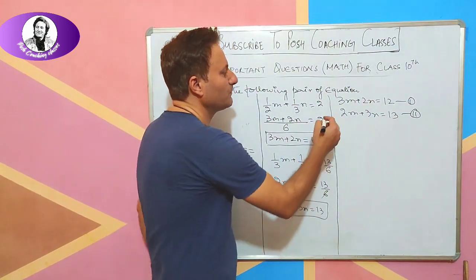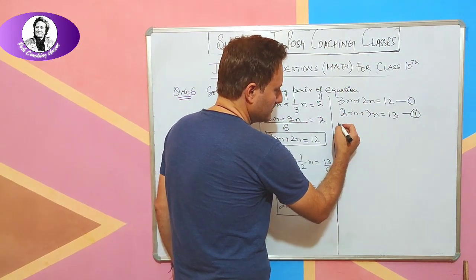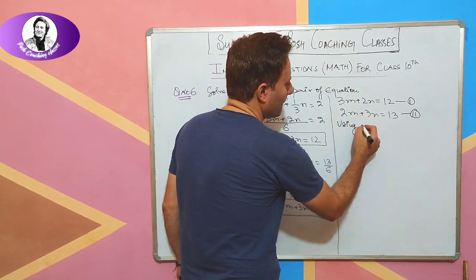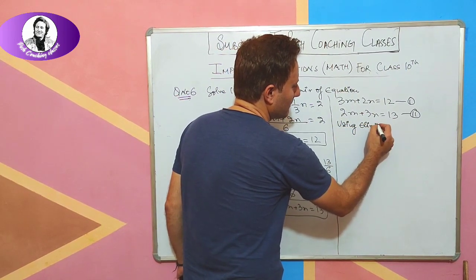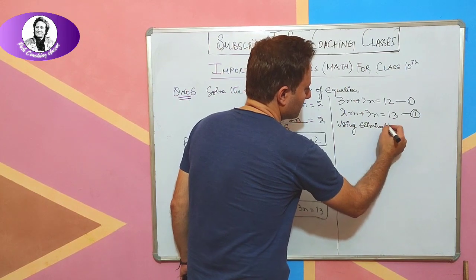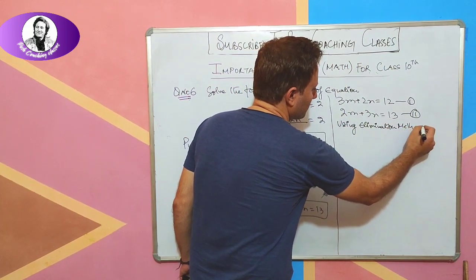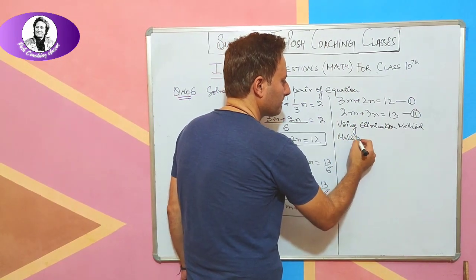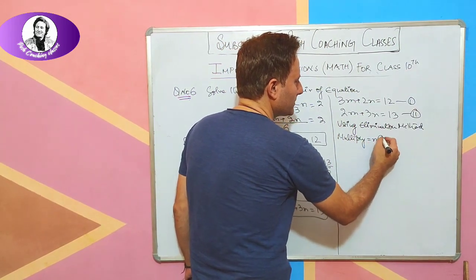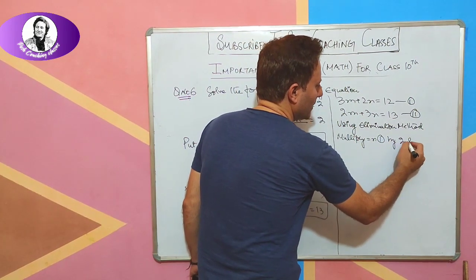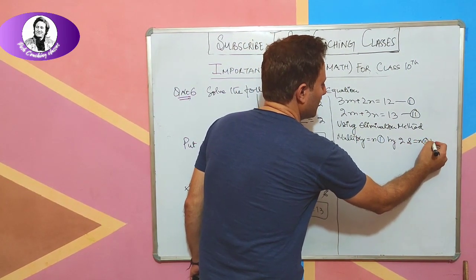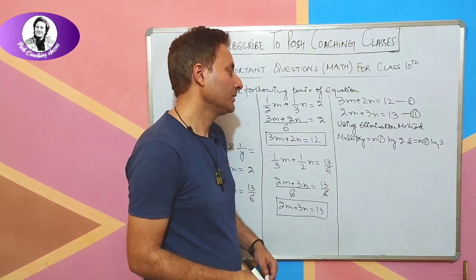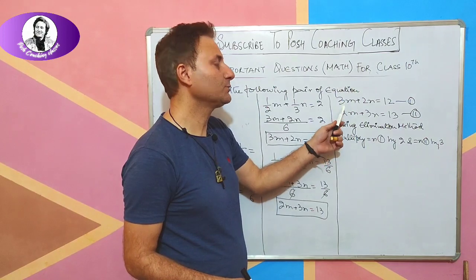So what I will do, I'll say using elimination method. I'll multiply equation first by 2 and equation second by 3. And what help will that do to me? It will make these two similar.